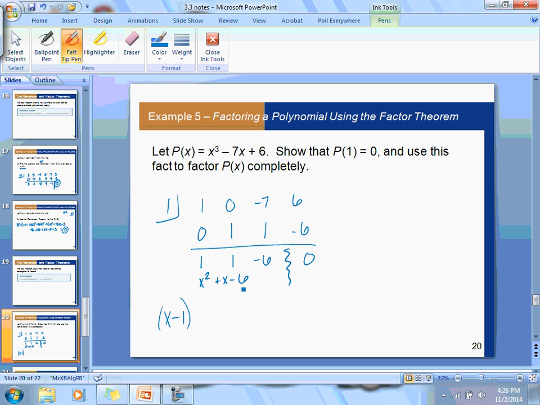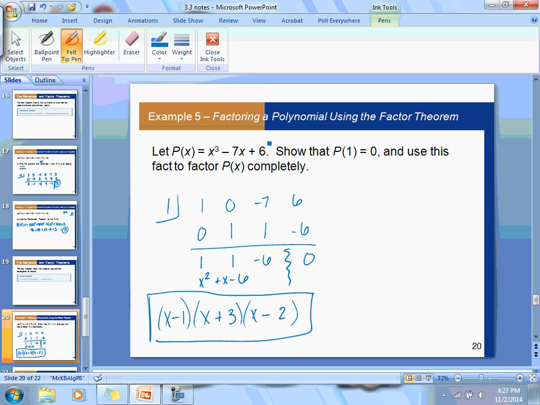Find the factors of 6 that get me to 1. So I'd need a 3 and a 2. And to get to a positive 1, I'd have to have a positive 3 and a minus 2. Okay. So once I get my solution, then I'm going to factor that, and I have to count the factor that I was dividing by. So now I have a completely factored polynomial.